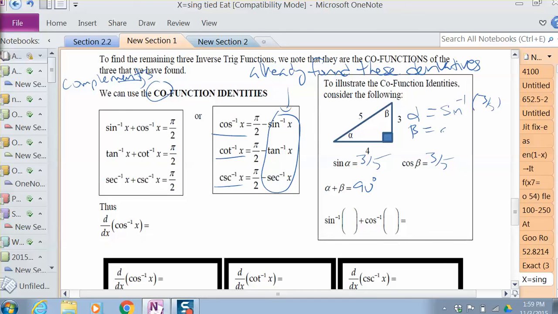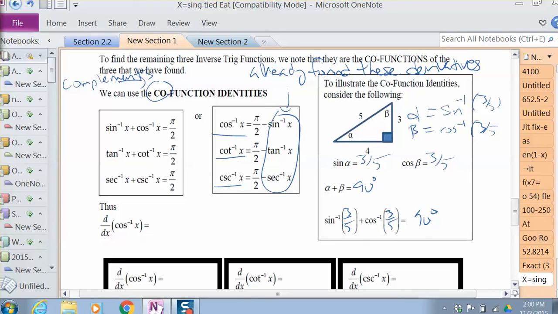Beta is inverse cosine of 3/5. And those have to equal 90 degrees. So I hope that gives you a better understanding why inverse sine plus inverse cosine is equal to 90 degrees. Because the sine of, say, 40 degrees equals the cosine of 50 degrees. So the sine of an angle equals the cosine of its complement. Likewise, the tan, cotan, secant, cosecant.